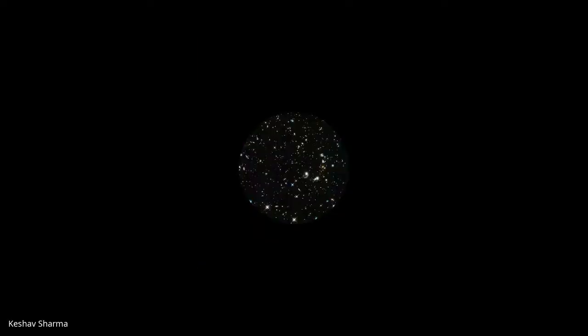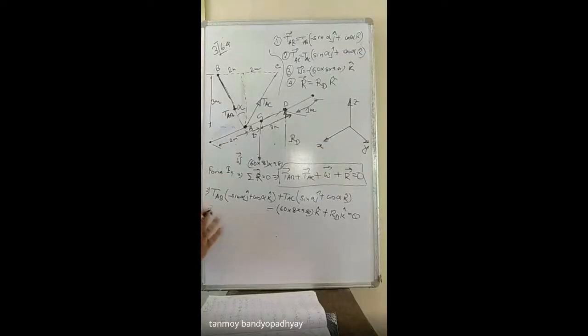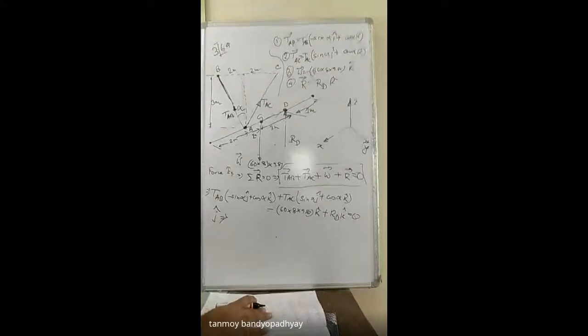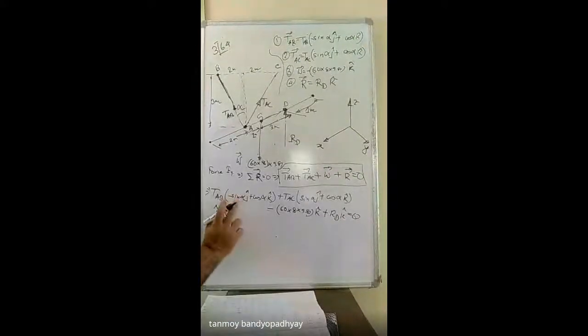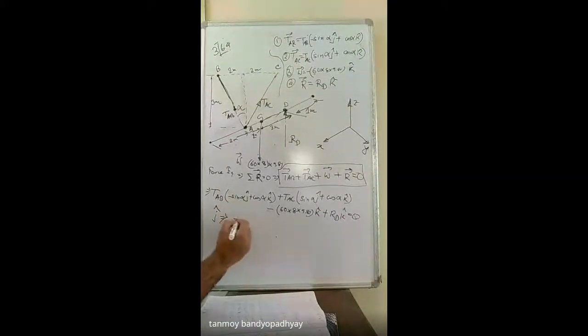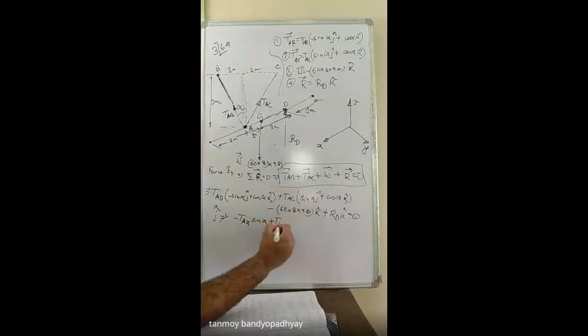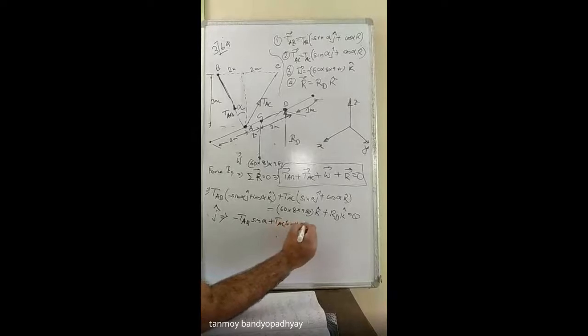Equating the coefficients of i, j and k. Here we can see there is only j, so I will have an equation from this one. The first equation is from j: we are left with minus TAB sin alpha plus TAC sin alpha equal to 0.